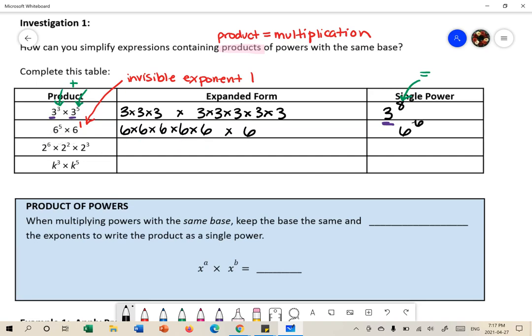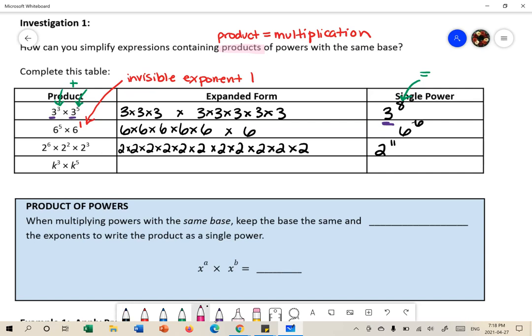Next, 2 to the power of 6 is 2 times 2 times 2 times 2 times 2 times 2, times 2 squared, times 2 times 2 times 2 cubed, times 2 times 2 times 2. So as a single power, that is 2 to the power of 1, 2, 3, 4, 5, 6, 7, 8, 9, 10, 11.